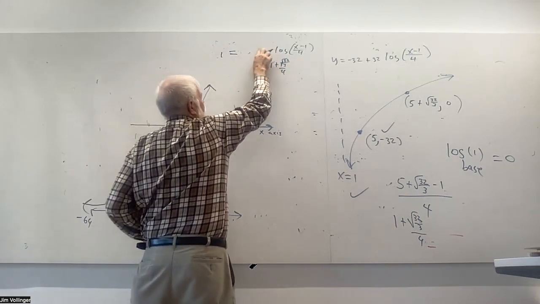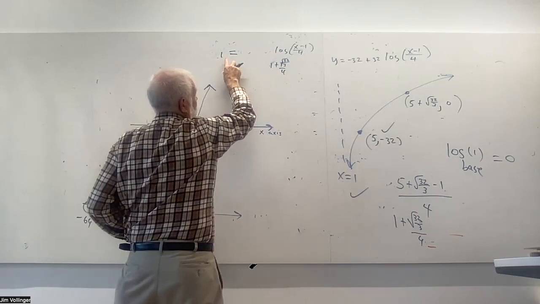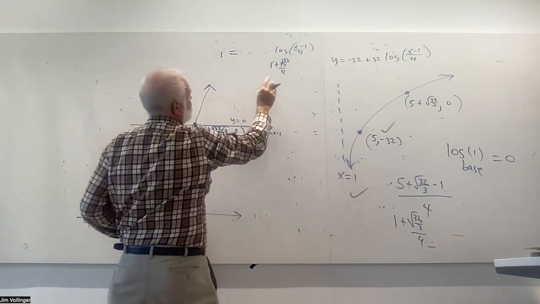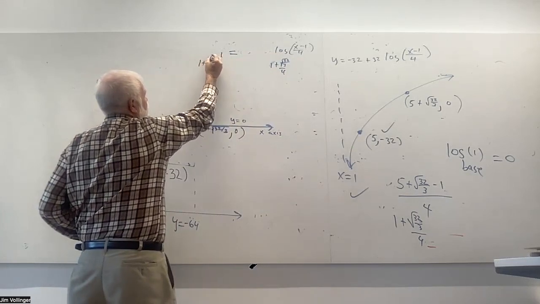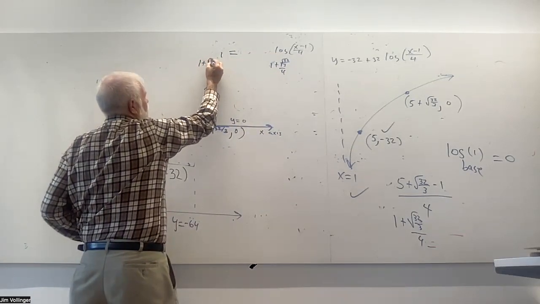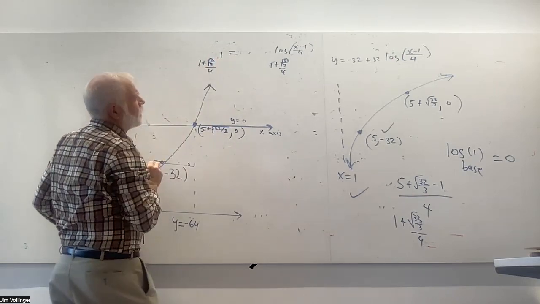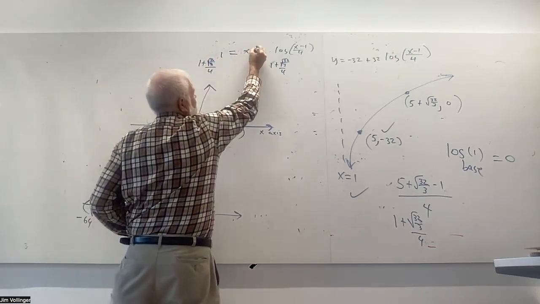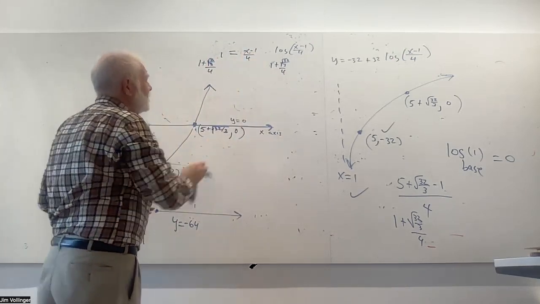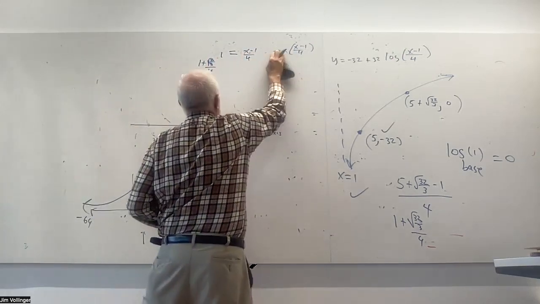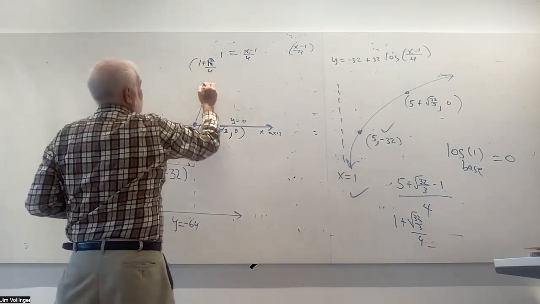Well, if I do log and it equals 1, then I've got to change to exponential form, and I've got to do 1 plus root 33 over 3 over 4, that's all inside, right? Equals x minus 1 over 4. All right, so this is now moved to the other side as an exponential. This isn't too bad. I got to multiply this by 4.